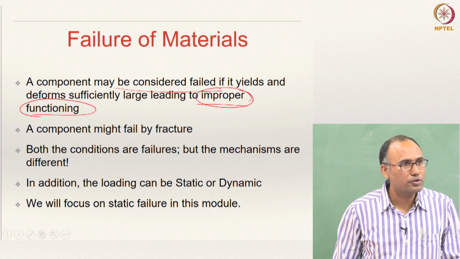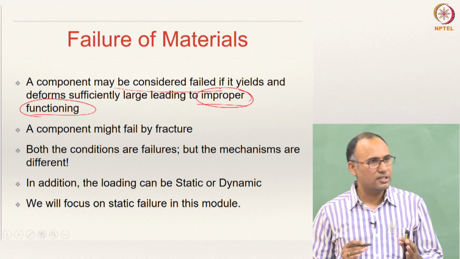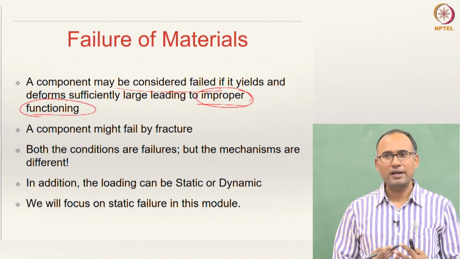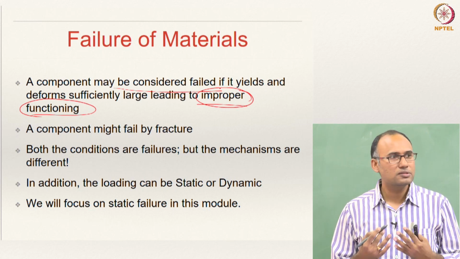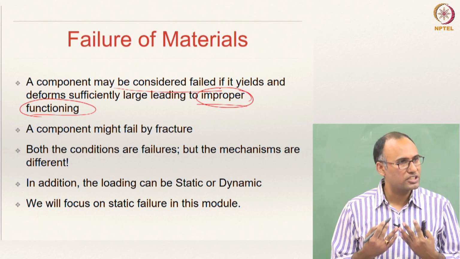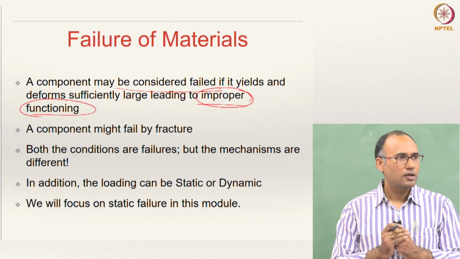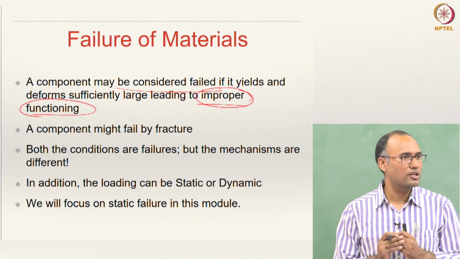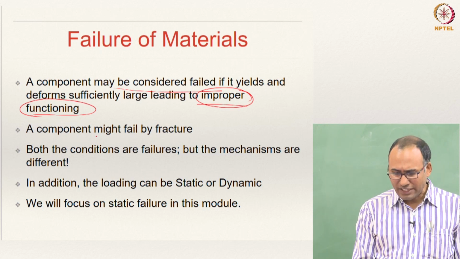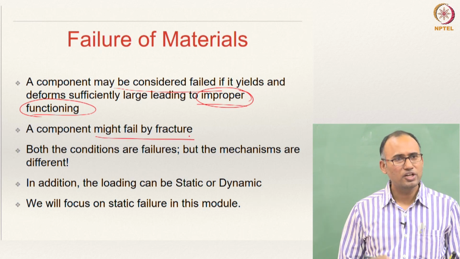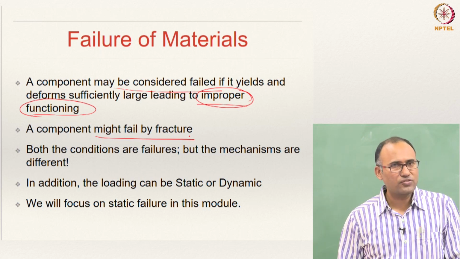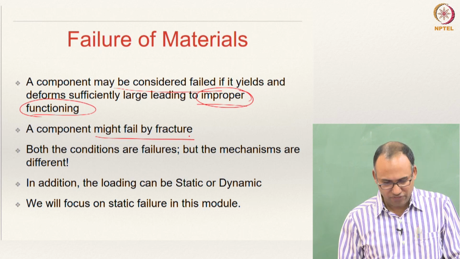The definition of failure for us as engineers is not necessarily breakage of the material, but the moment the component ceases to deliver the function for which it is designed, that itself is a consideration for failure of the component for us. Sometimes the component might actually fail by fracture, for instance brittle materials. So, both are considered failures, but the mechanisms are different.